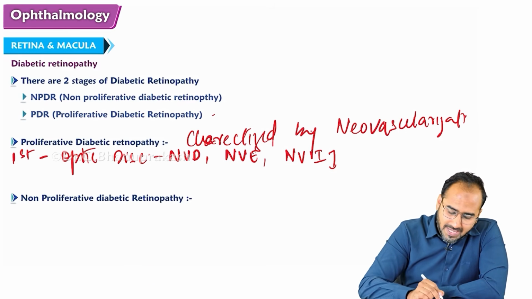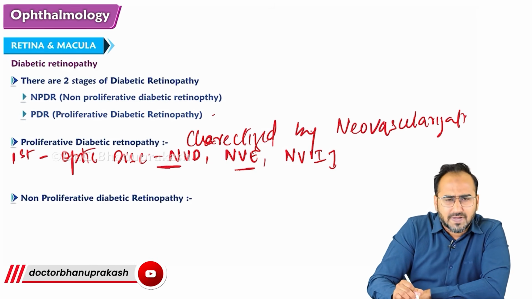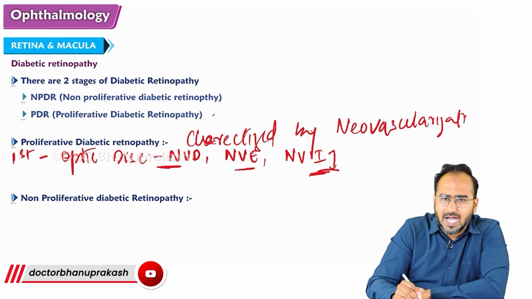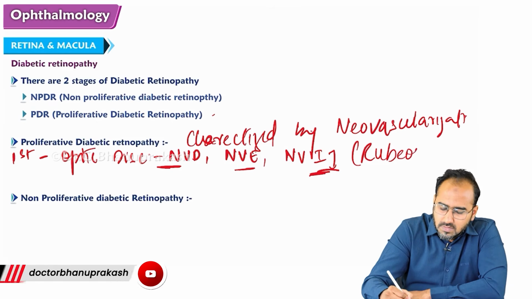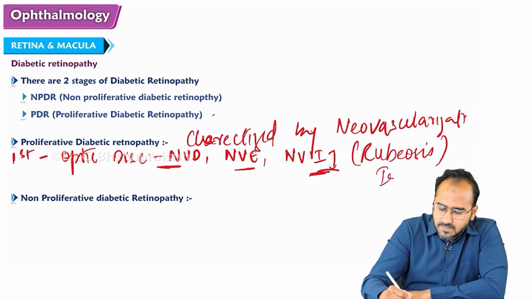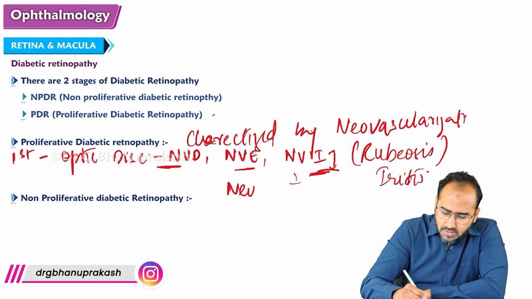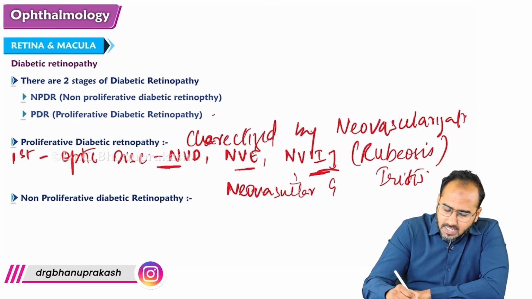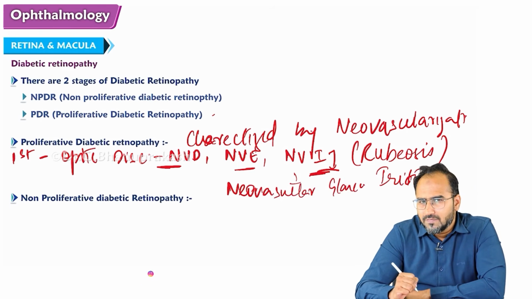So remember guys, first the new blood vessels are formed on the optic disc, next elsewhere in the eye, last on the iris, which is called rubeosis iridis. That leads to neovascular glaucoma.